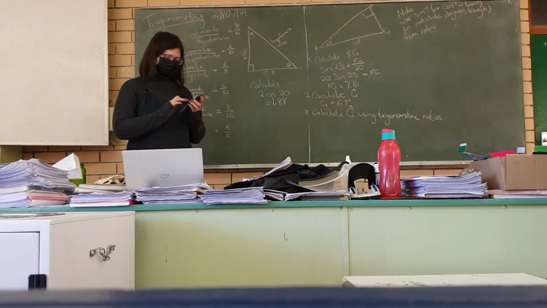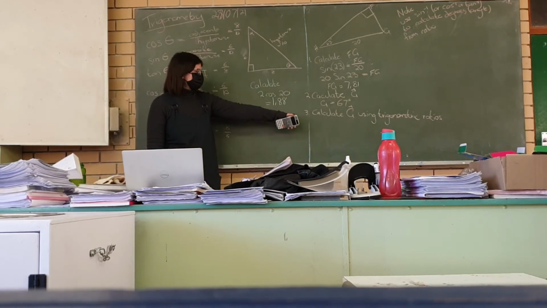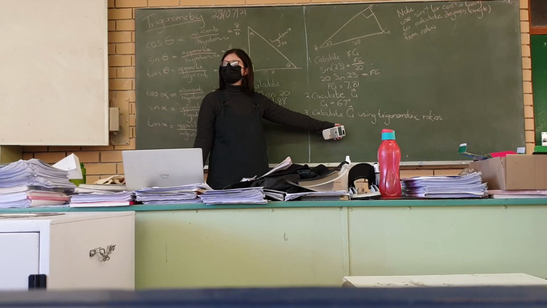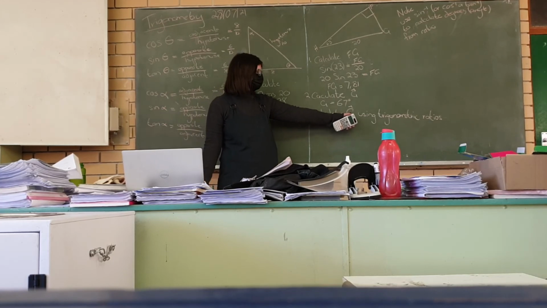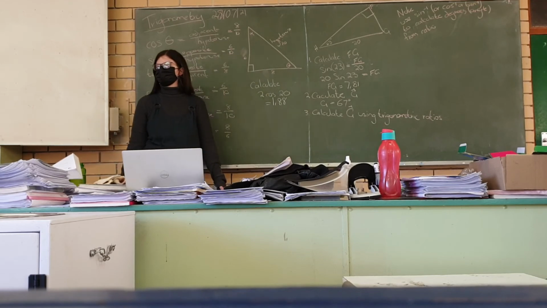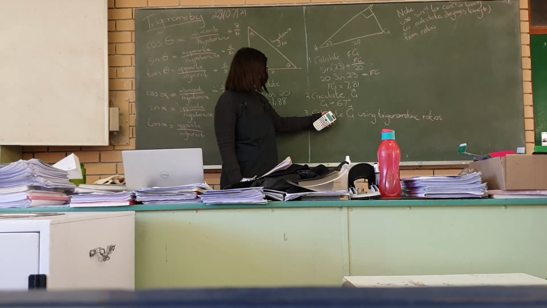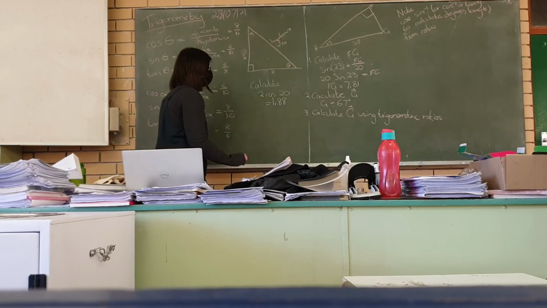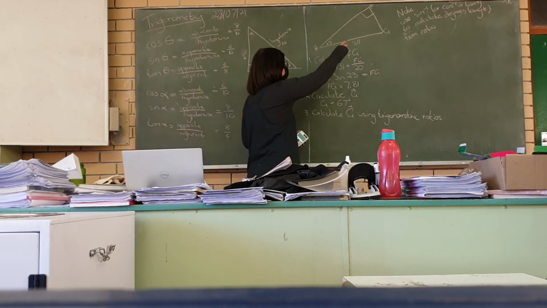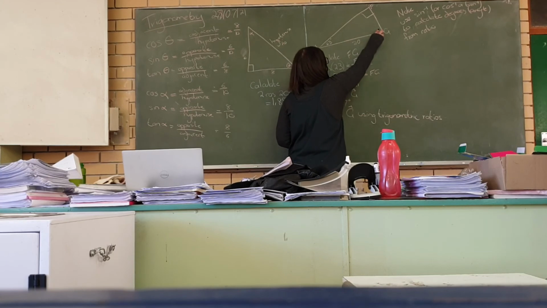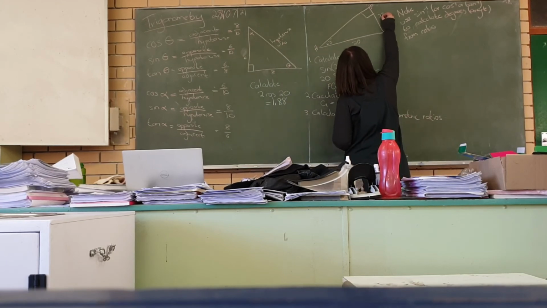So now, let's go back to number 3. Guys, quiet please, listen in. How do we calculate G using trigonometric ratios? So we have this side and we have this one, which is 7,81.